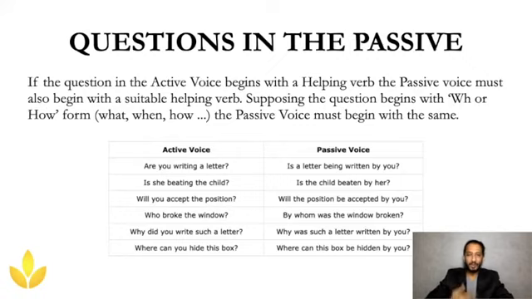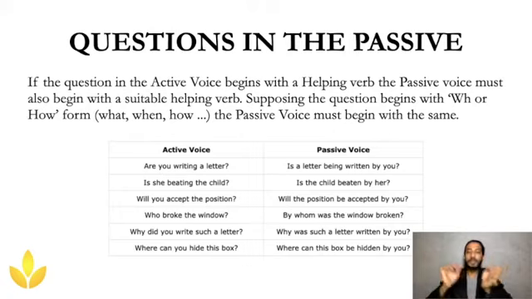So we'll take one more example to make it much clearer for you. Let's take the last example. Where can you hide this box? Where can this box be hidden by you? So even here, where is still a question word, so it remains the way it is. Can you? So you is the active voice, so it remains the same even when it goes to the passive voice.